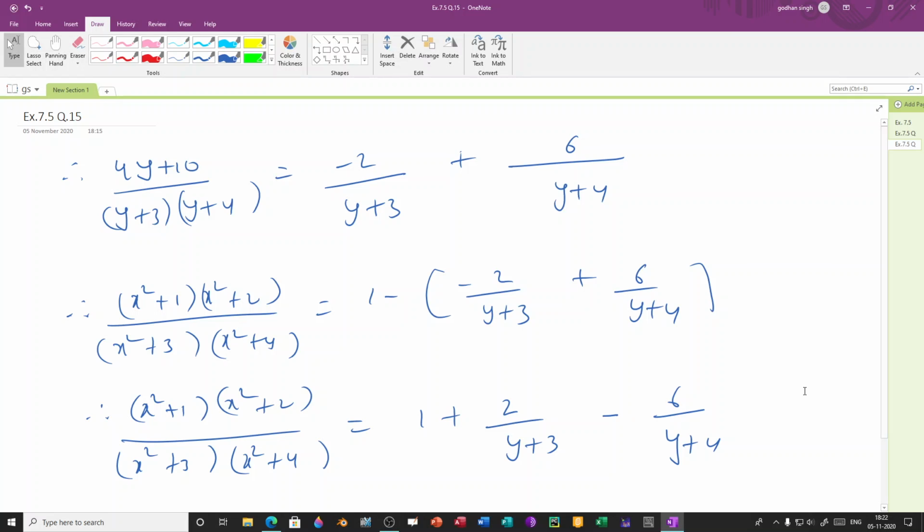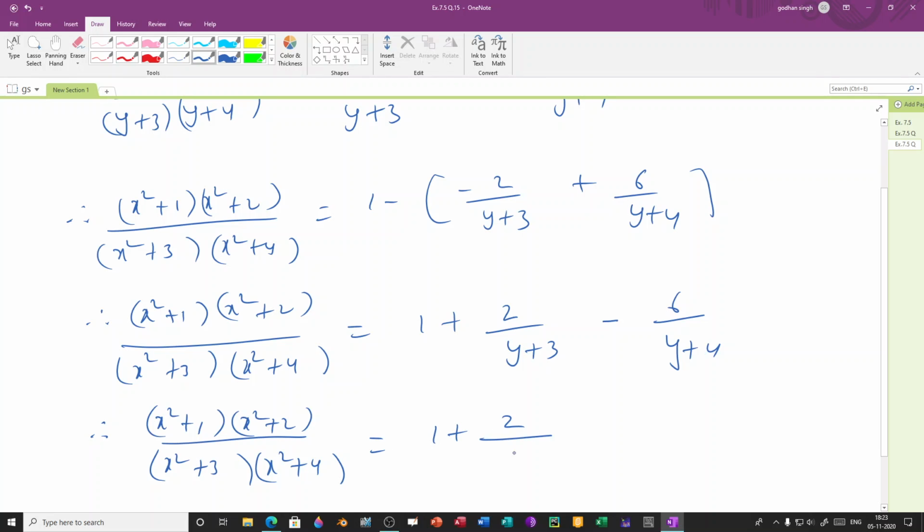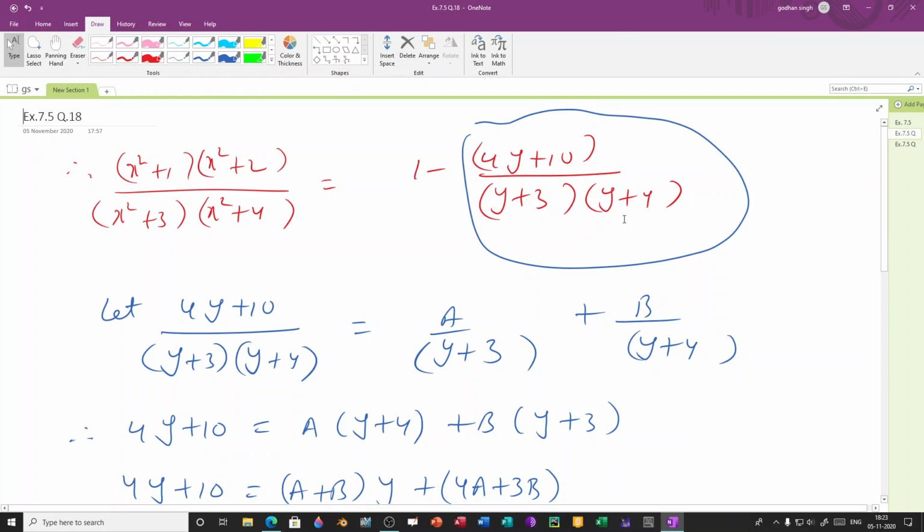Also, if you remember that we have taken x square as y, in place of this y we will put x square. So x square plus 1 into x square plus 2 over x square plus 3 into x square plus 4 equal to 1 plus 2 over x square plus 3 minus 6 over x square plus 4. Let me show you that particular step which we have taken.